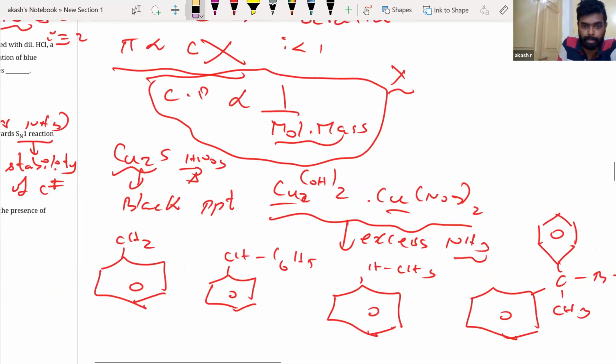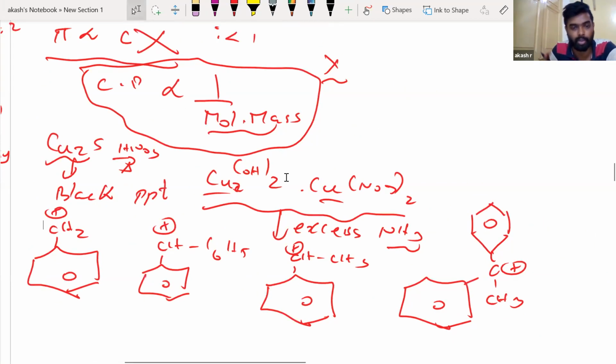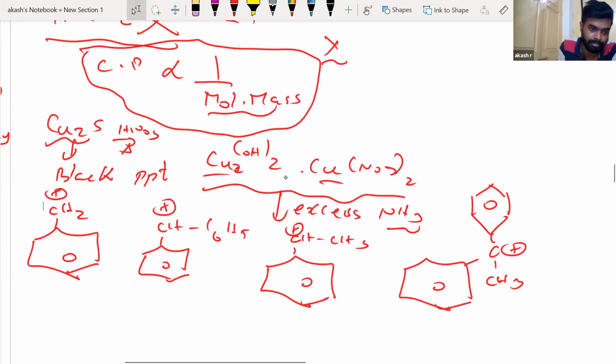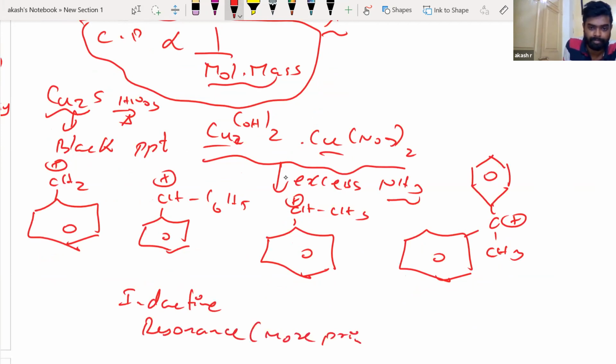Now people, please understand, to ascertain stabilities you have to use 2 effects. One is the inductive effect, the other one is resonance. And if I have resonance, resonance has more priority. That means stability given by resonance is more when compared to stability given by the inductive effect.